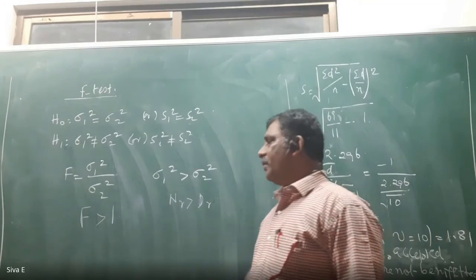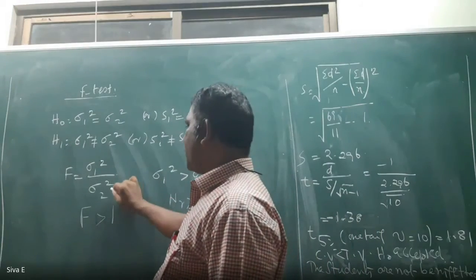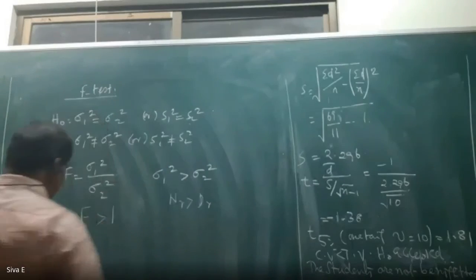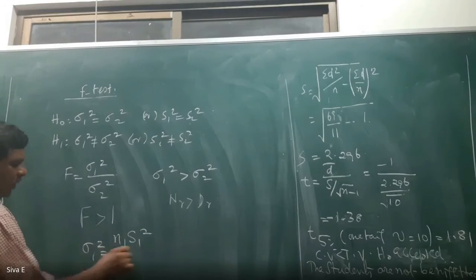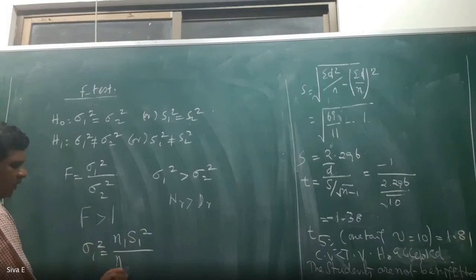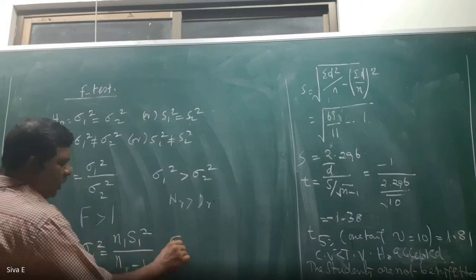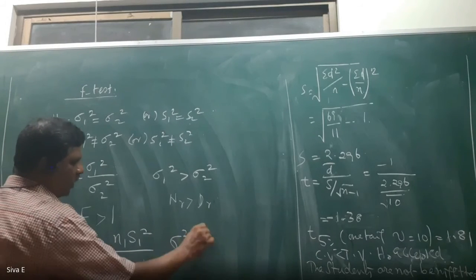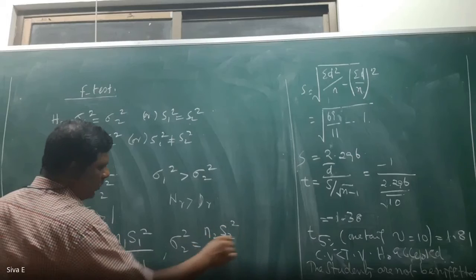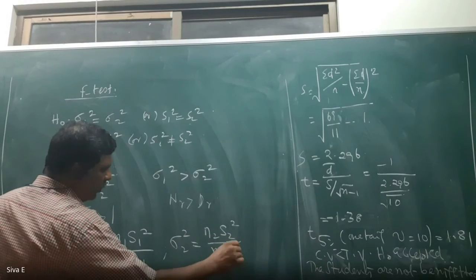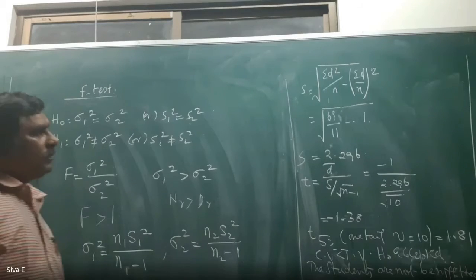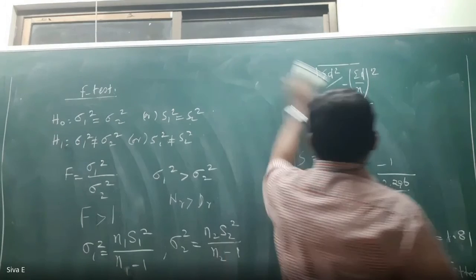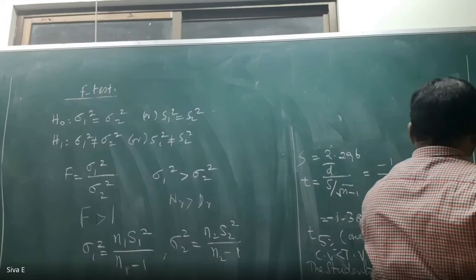Here, how to find sigma 1 square, sigma 2 square? Sigma 1 square equal to n1 s1 square by n1 minus 1.